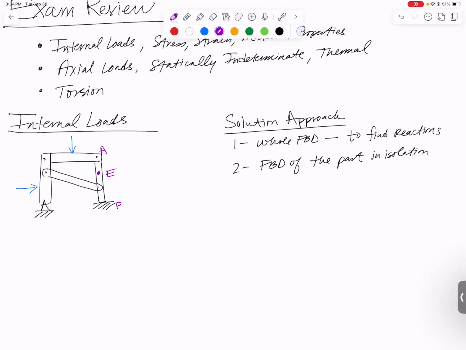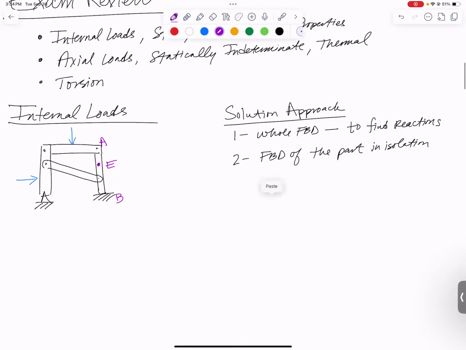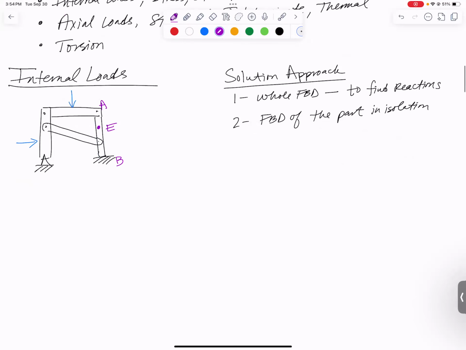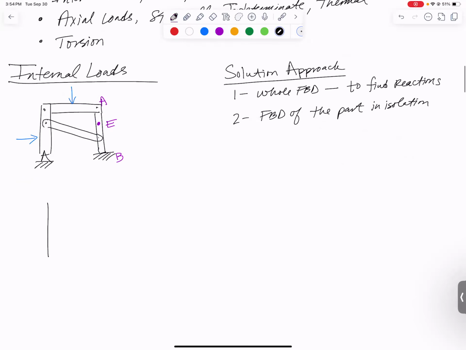If there's A and there's B, what I'm talking about for part 2 here is a free body diagram that looks like this maybe, where we have some forces at A, AX and AY, and we have forces at B, BX, BY, and MB.